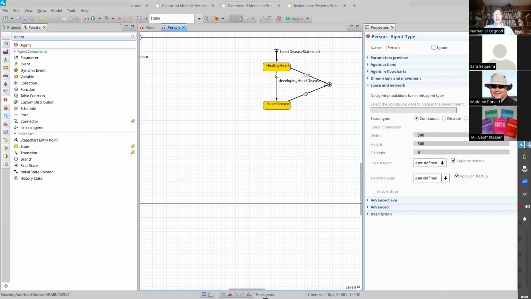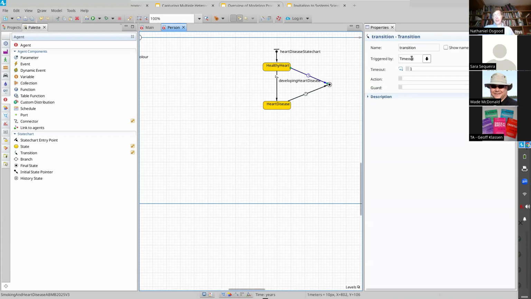I don't know how many transition 35s I've seen in my student models. Transition 42. It's very unhelpful. So we want them to be intention revealing. You want a stakeholder to be able to look at them, see a name, and challenge it, critique it. We want to be vulnerable to our models to learn from others.